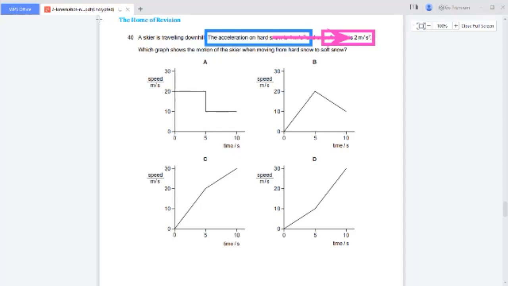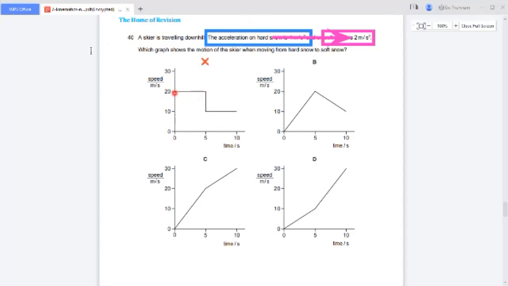Okay, so let's see the graphs one by one. A looks incorrect because it started from 20 and remains 20 for a long period of time, suppose for 5 seconds.